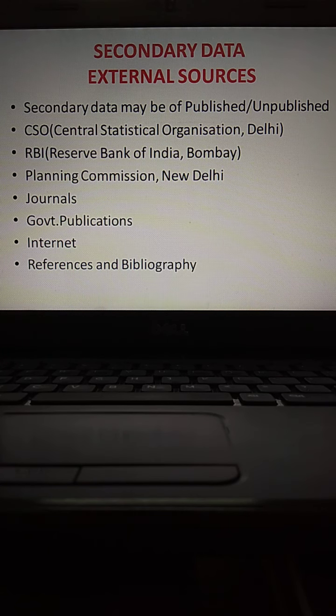In the same way, standard references, journals and magazines are going to provide the data. So these are all external sources as far as the secondary data is concerned. Remember that this is not fresh data; it is already available, and you make use of it for a particular situation.